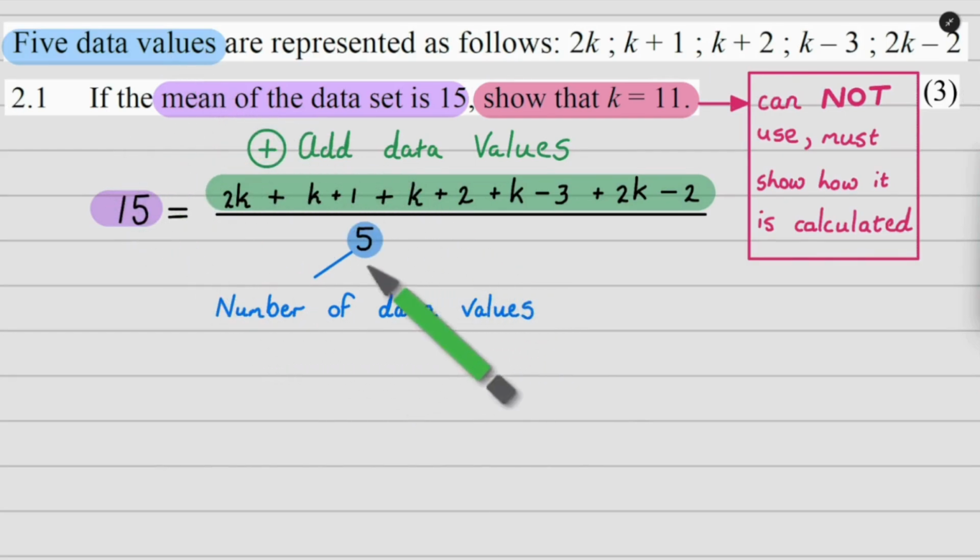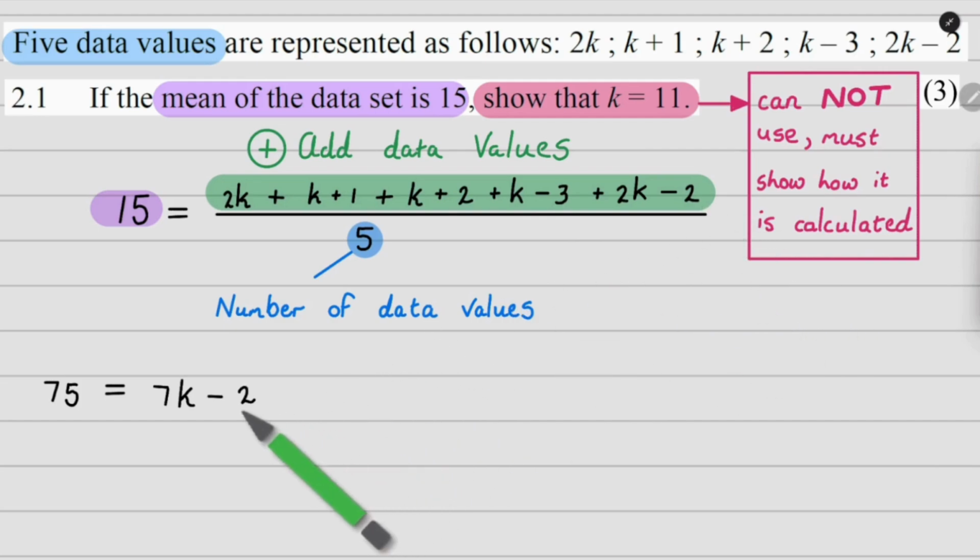And then to work this out, I start off by multiplying these 2 numbers. 15 times 5 will give me 75, and then that's equal to, now I'm going to do all the k's on top. So 2k plus 1k plus another 1k plus 1k plus 2k gives me the 7k over here, and 1 plus 2 minus 3 minus 2 will give me this minus 2 over here.